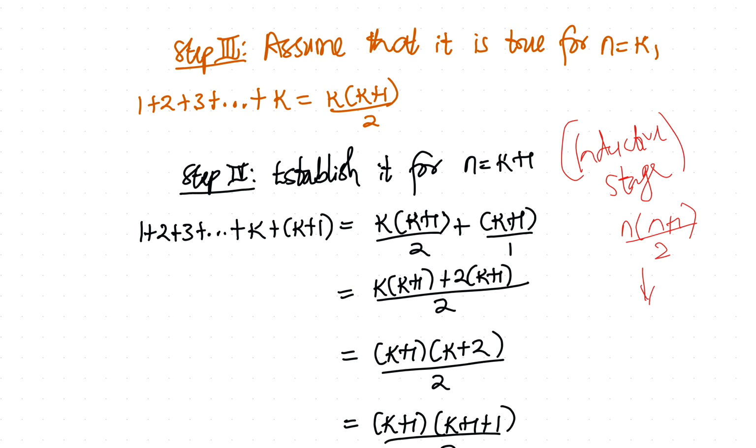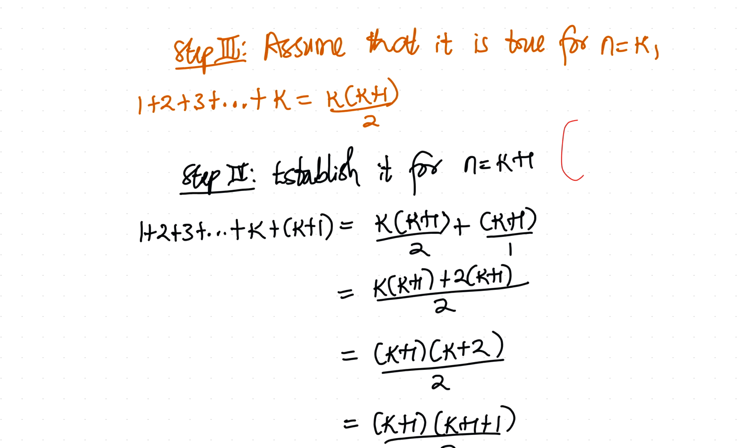So for n here, you have k plus 1 into this other n now will be k plus 1, then plus the 1 outside, divided by 2. So if you can get this, then you can say that you have proven that it is correct. And that means it is true for all natural numbers.